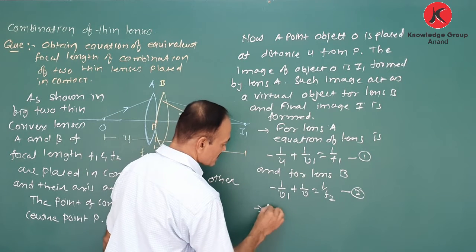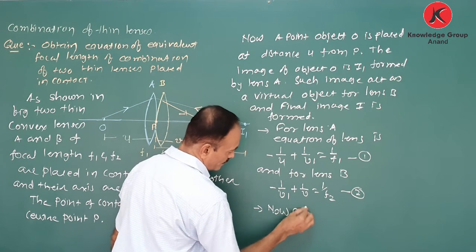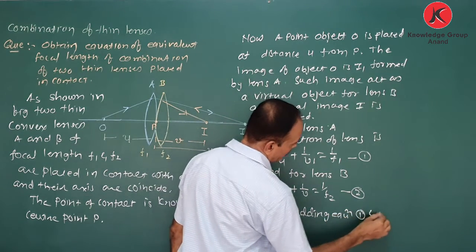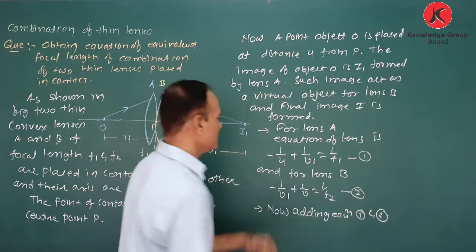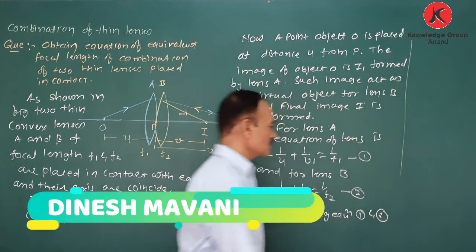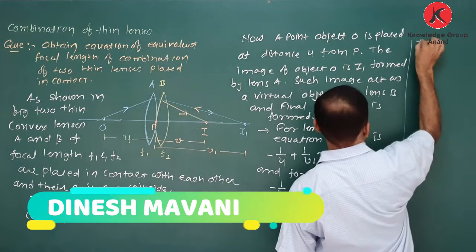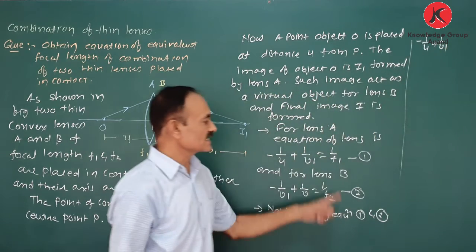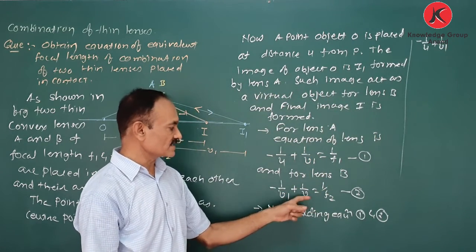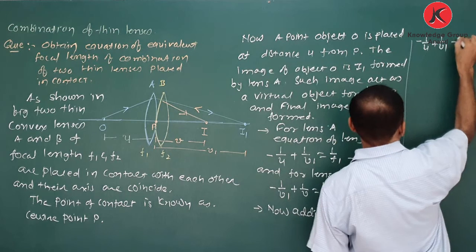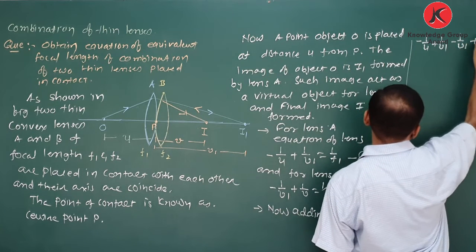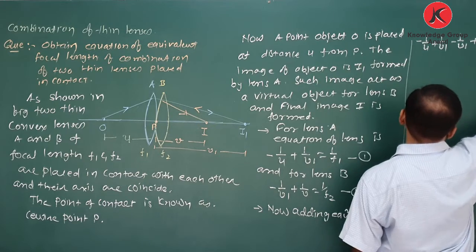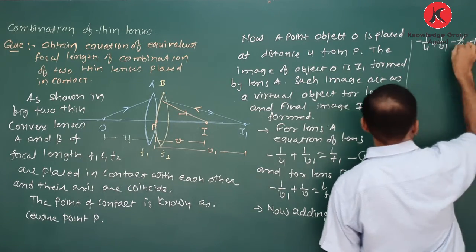Now, adding equations 1 and 2. First, the addition of the left hand sides: minus 1 upon u plus 1 upon v1, and the left side of equation 2, minus 1 upon v1 plus 1 upon v, is equal to 1 upon f1 plus 1 upon f2.